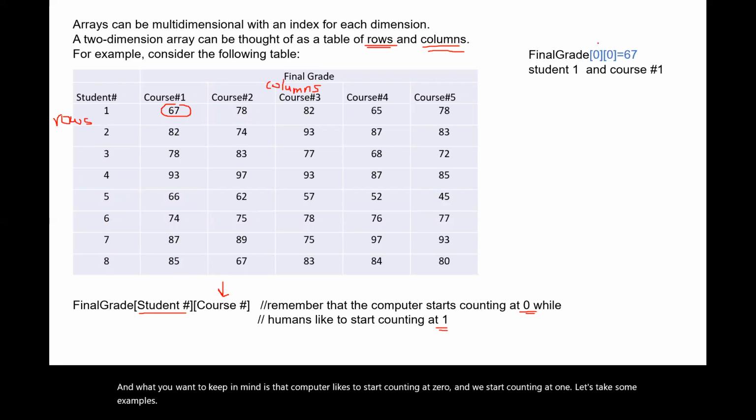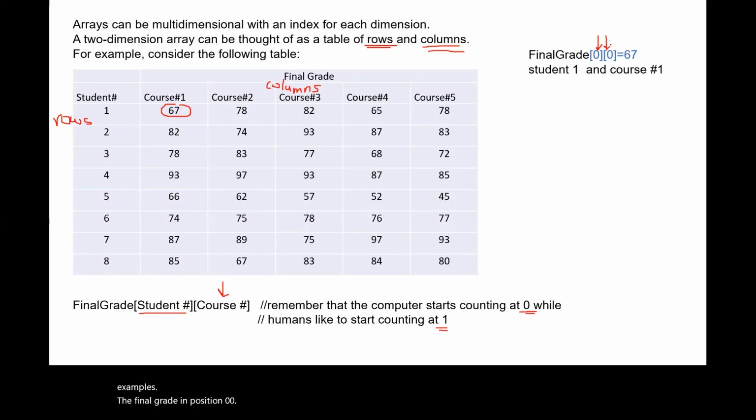The final grade in position 0, 0 is 67. So yes, it's student number 1, but the computer likes to think of that as 0, 1, 2, 3. And this as 0, 1, 2, 3. So you just have to get used to how the computer thinks and how the human thinks.